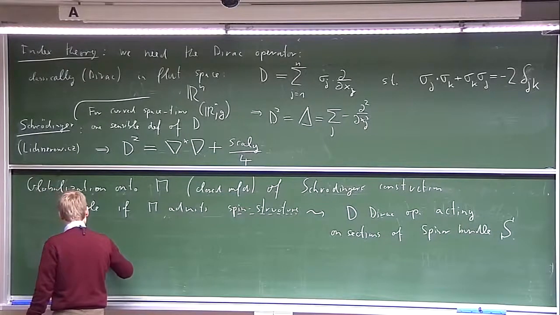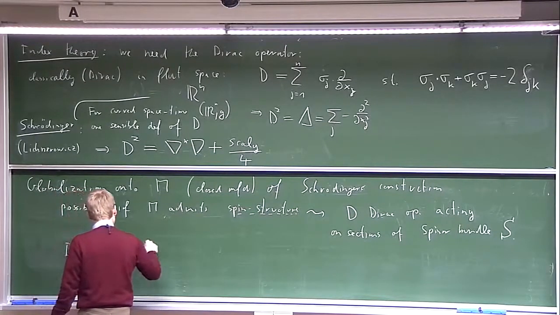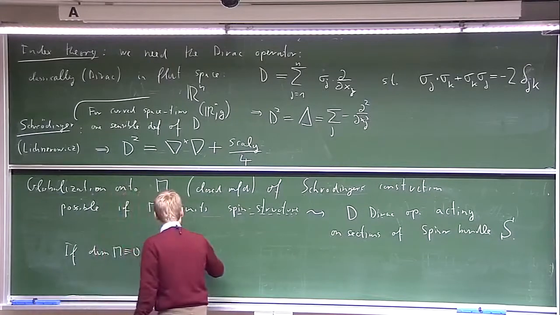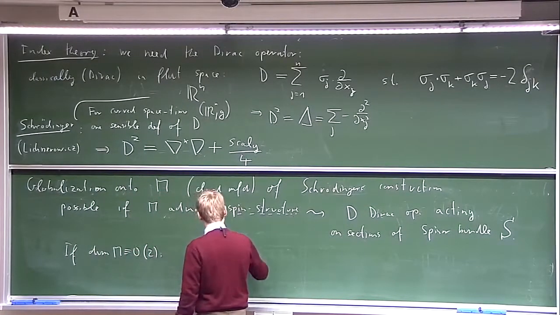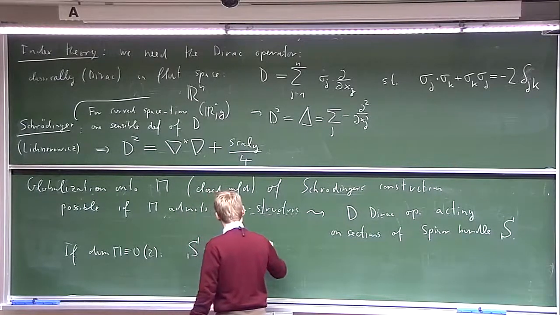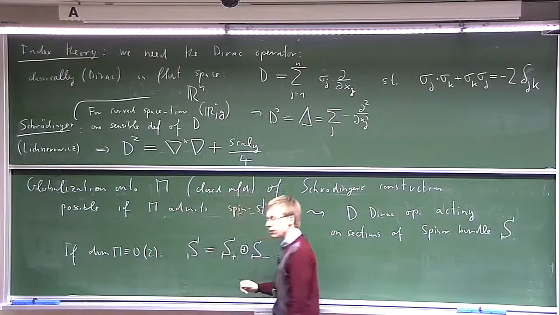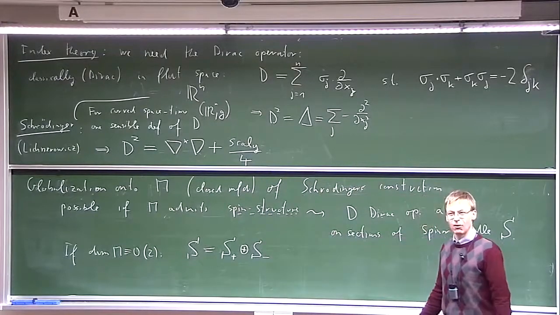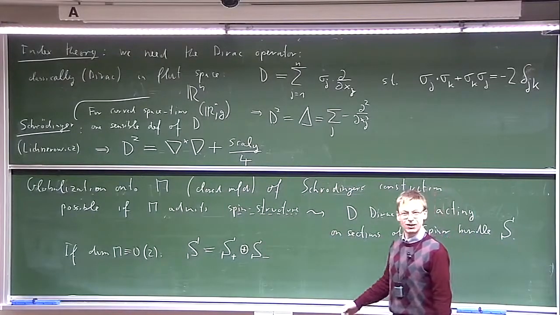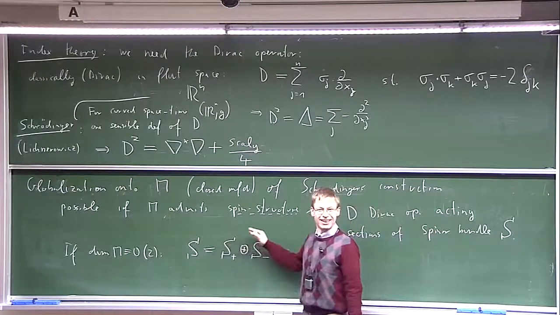If the dimension of M is even, then the spinor bundle S splits into a positive part and a negative part. It's a super vector bundle. That's what super means. So I wonder whether Super Global University means it splits into a positive part and a negative part.